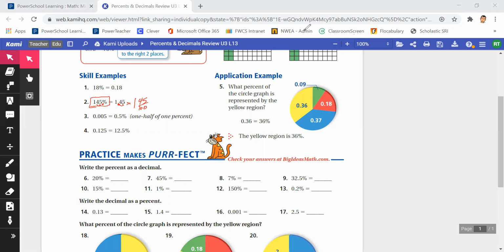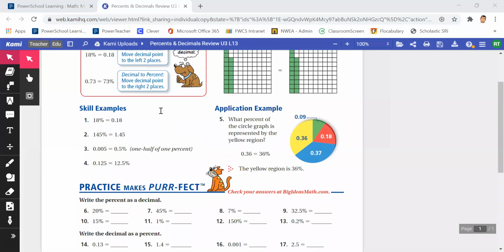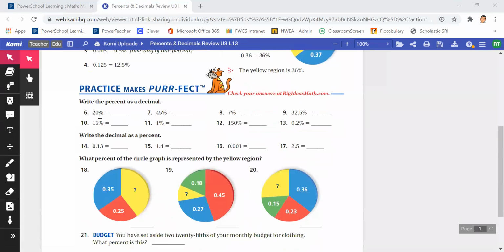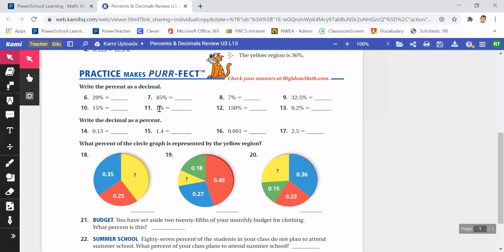And then as we get down to the problems that you're completing today, you are going to be turning the percent into a decimal. For example, this is a tricky one if we look at number 11. 11 is 1%. You might be confused and think that as a decimal this would be 0.1, but it's definitely not.